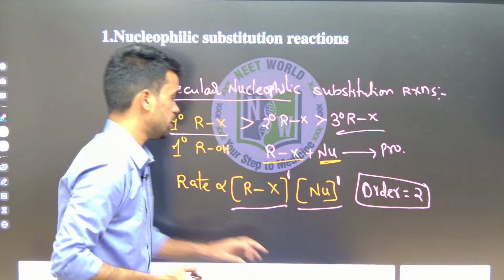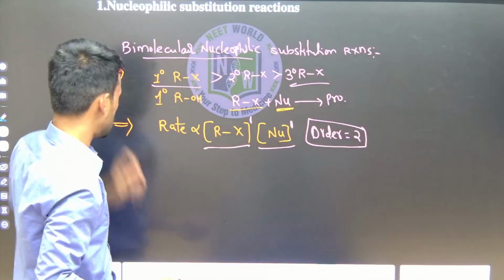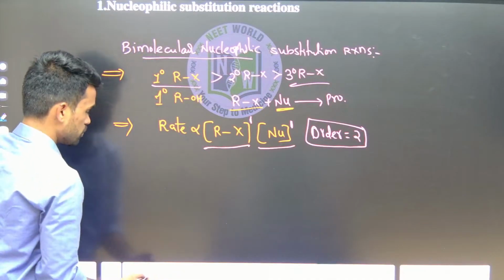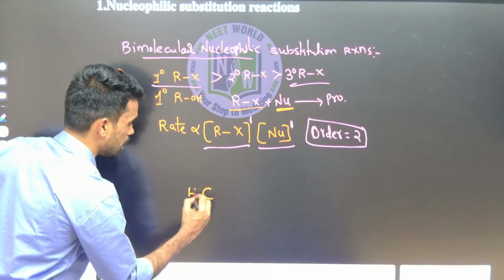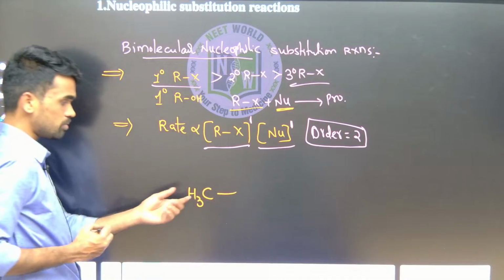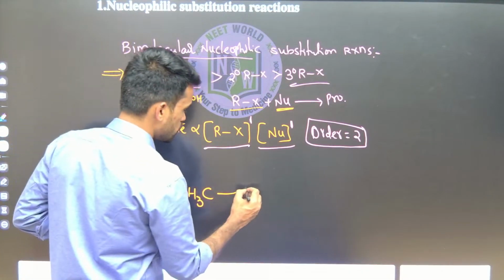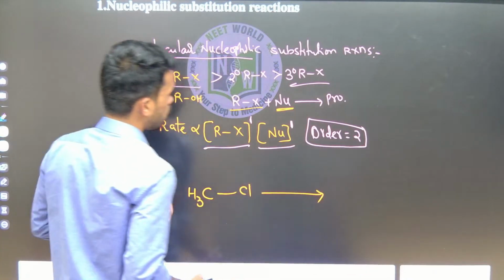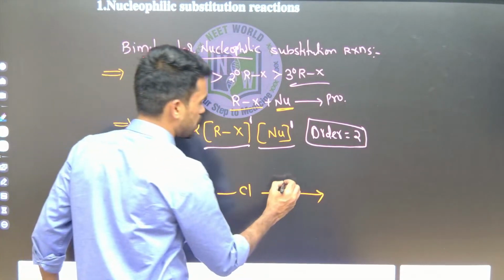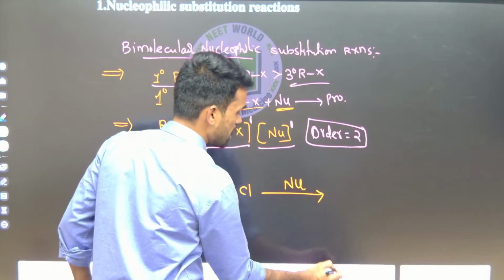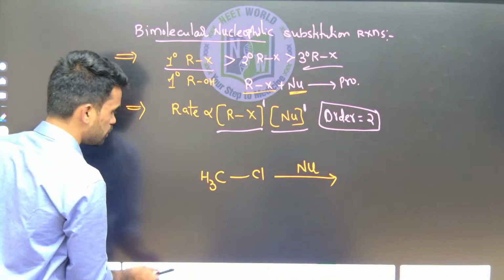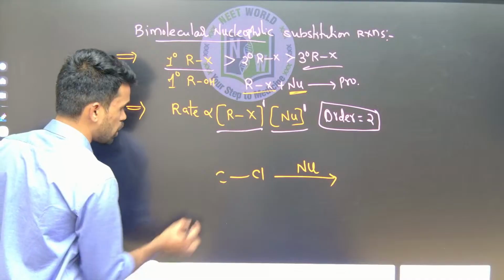Okay. So just look at the mechanism I am writing here. I am taking a methyl group, just a methyl halide, which is even simpler than a primary one. So methyl chloride I am taking, and let us say I am adding a nucleophile. Look at this carbon in the substrate, an sp3 carbon, right?